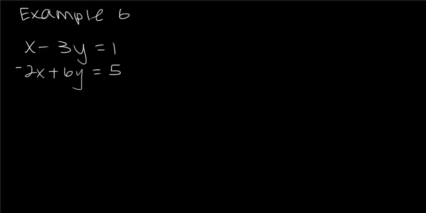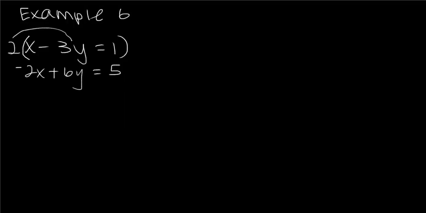So I need them to be the same number. Now I could, let's see, I could multiply the top one by 2 and see, if I multiplied it by 2, that would give me negative 6y, and when I add that negative 6y to this positive 6y, they would cancel.